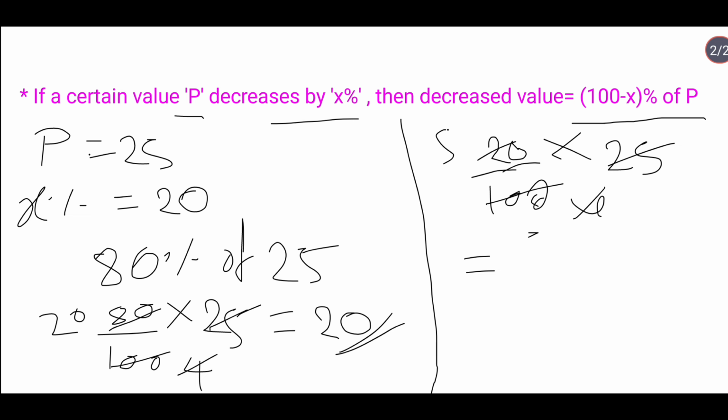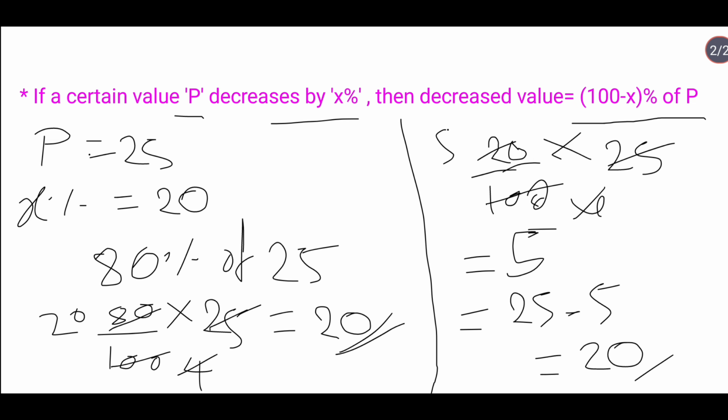The value got decreased by 5. The original value is 25 and the decrease is 5. Therefore, the final decreased value will be 20. You can solve this question in both ways. The answer will be the same.